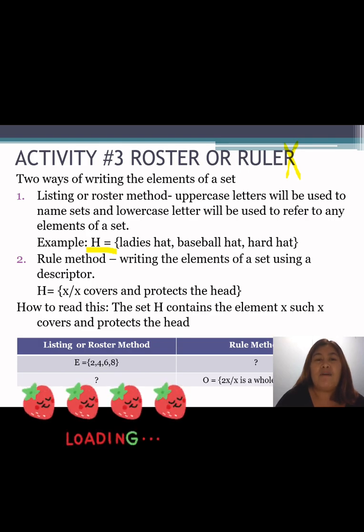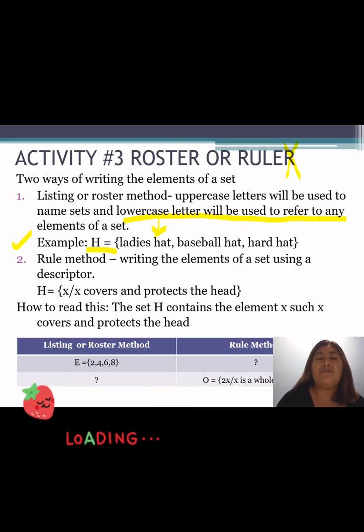So, the name of our set is set H. And the lowercase will be used to refer to any elements of the set. So, this is the lower case. So, what are the elements that we have in our set H? We have ladies hat, baseball hat, and hard hat. So, all of these are the elements of set H. So, this is the way of how we write the listing or roster method.